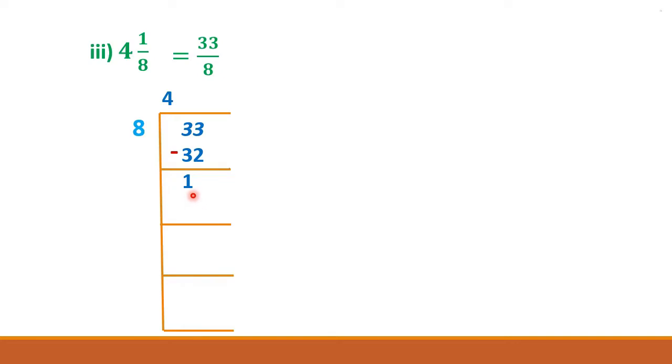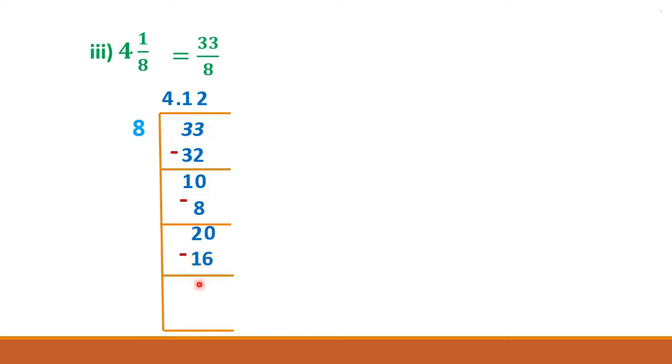Now we cannot divide further as 1 is smaller than 8. So we should put a decimal point here and then take a 0 here. Now it becomes 10. So 8 1's are 8. 10 minus 8, and we have 2 as remainder. Now take 0 and it is 20. 8 2's are 16. 20 minus 16 is equal to 4.